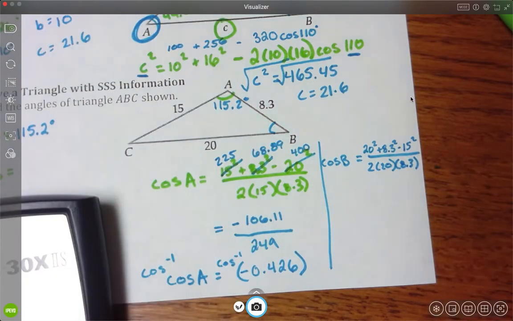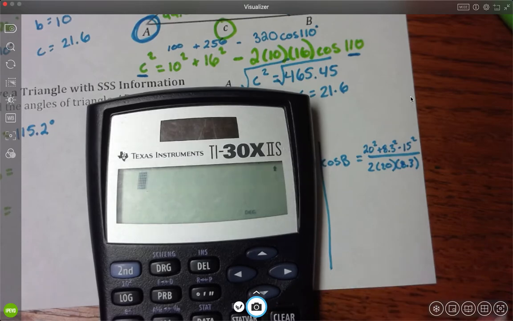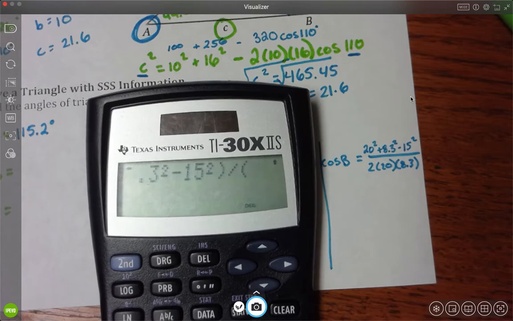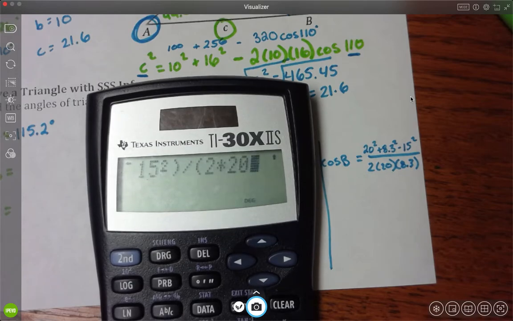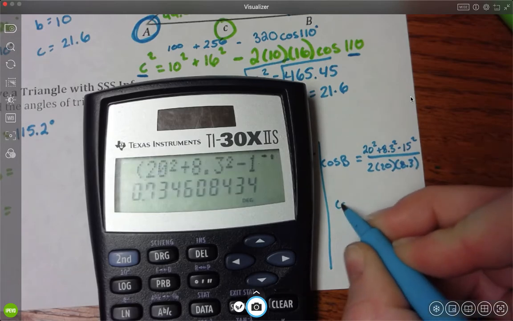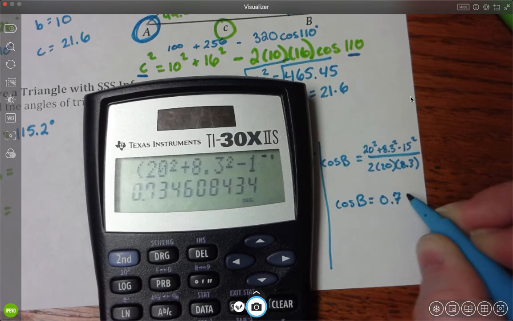This one I'm going to type in all at one shot just so you can see it. Parentheses on the top, 20 squared plus 8.3 squared minus 15 squared, close parentheses, divided by 2 times 20 times 8.3. That's what cosine of B is: 0.7346, whatever.